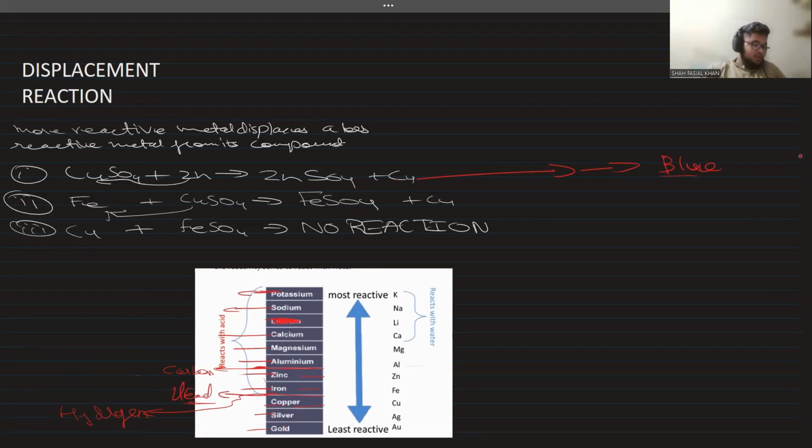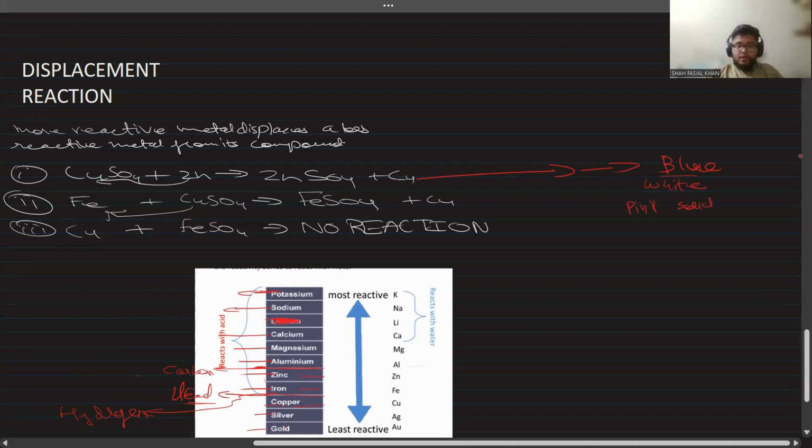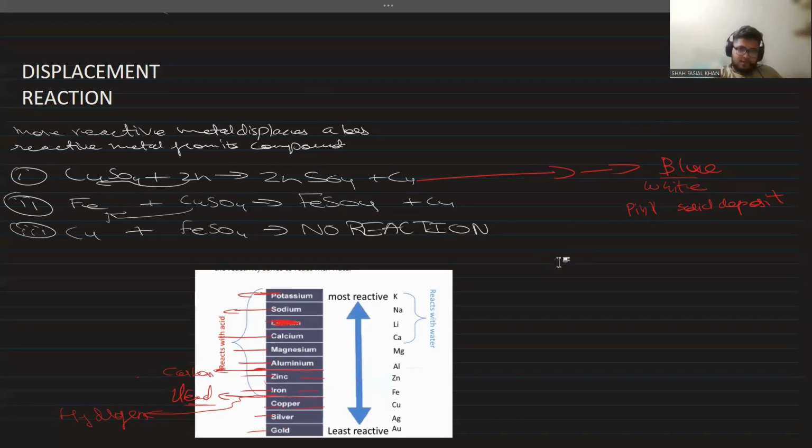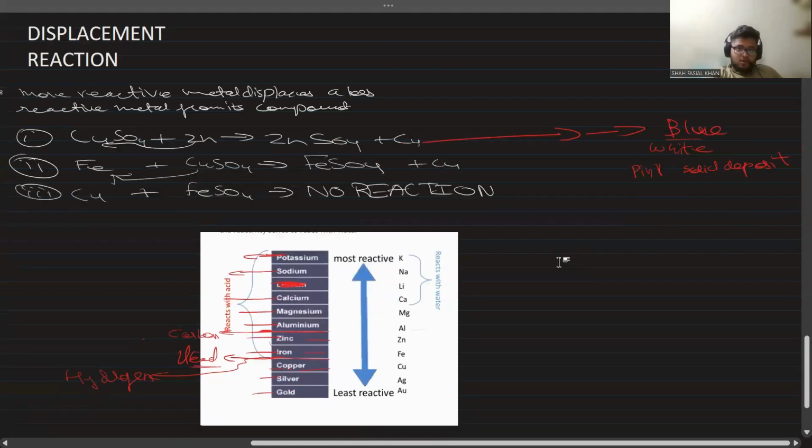After the reaction it turns white, and we can also observe that a pink solid is deposited. What is that pink solid? The pink solid is copper. Copper color is pink.